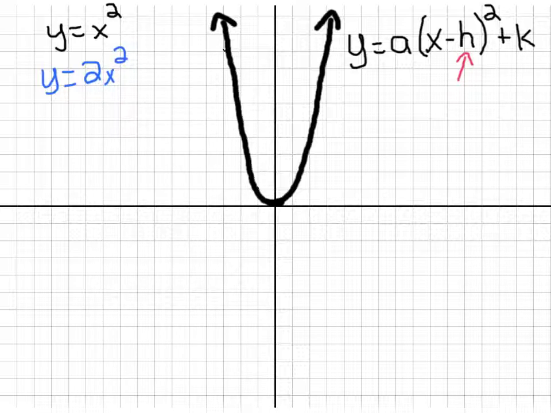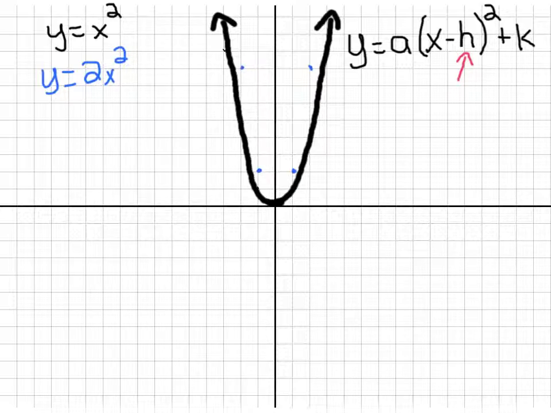So 1, 2 would be our first point. 0, 0 would still be our vertex on this particular one. If we plugged in negative 1, negative 1 squared is positive 1 times 2 is 2. Now if we do 2, 2 squared would give me 4 times 2 would give me 8. So 2, 8 would be right about here.